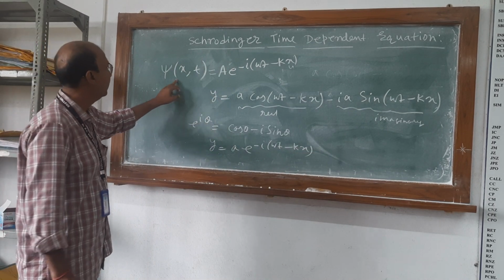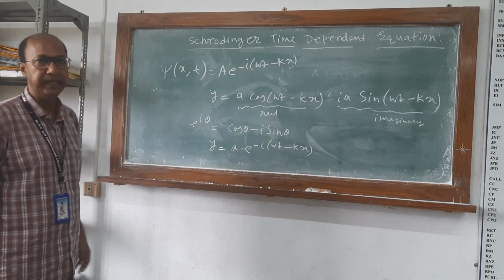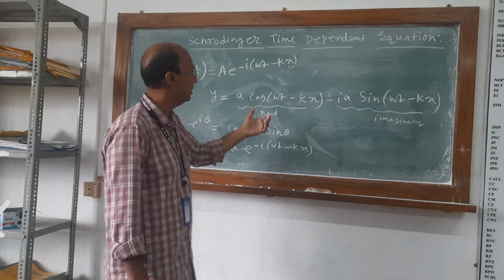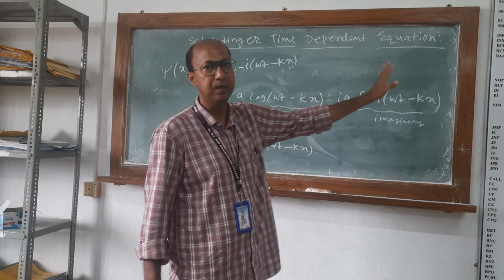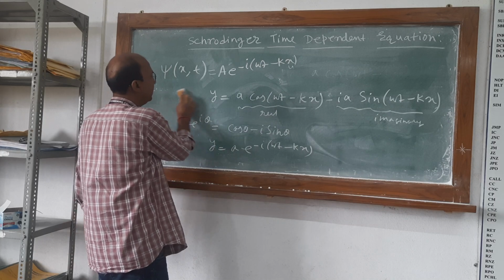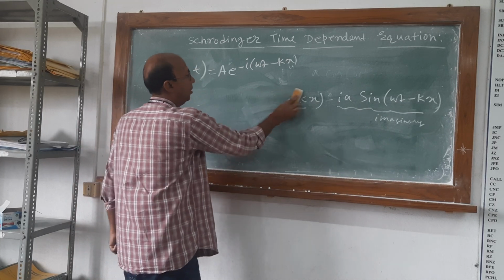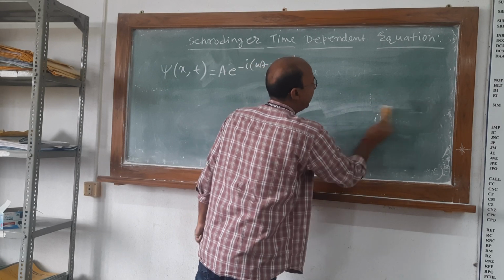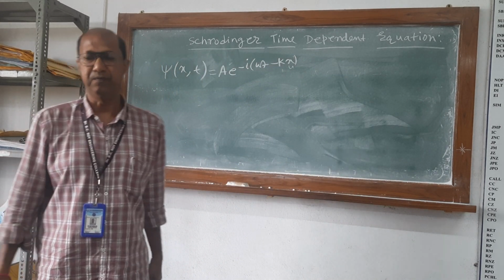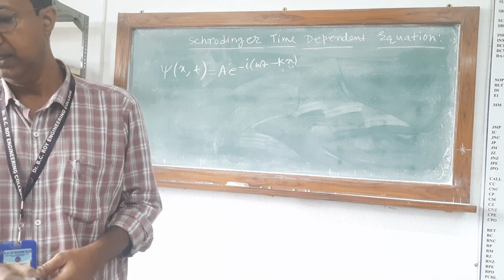So this equation can be represented by psi(x, t) equal to a e to the power minus i (omega t minus kx). We just subtract an imaginary part over here. So this is the wave equation psi(x, t) for a constant or undamped and monochromatic wave.